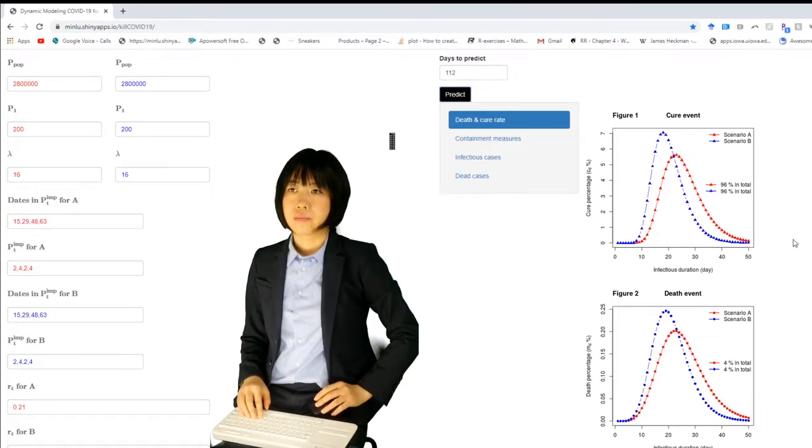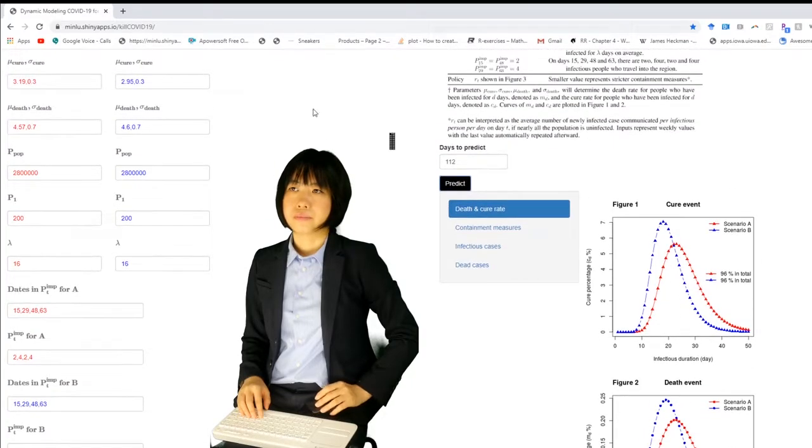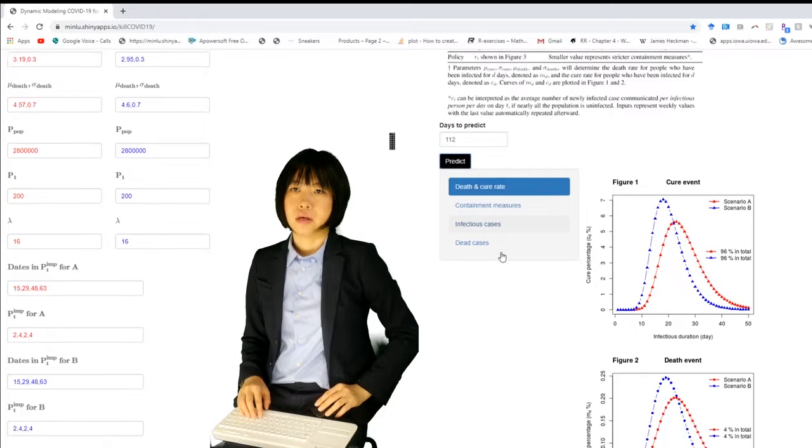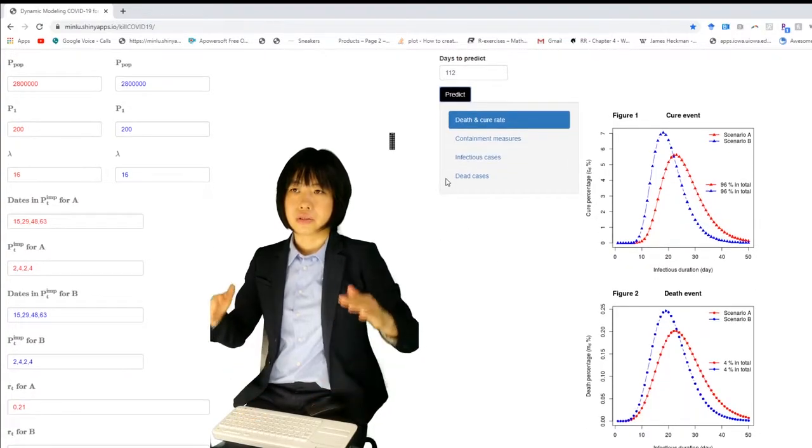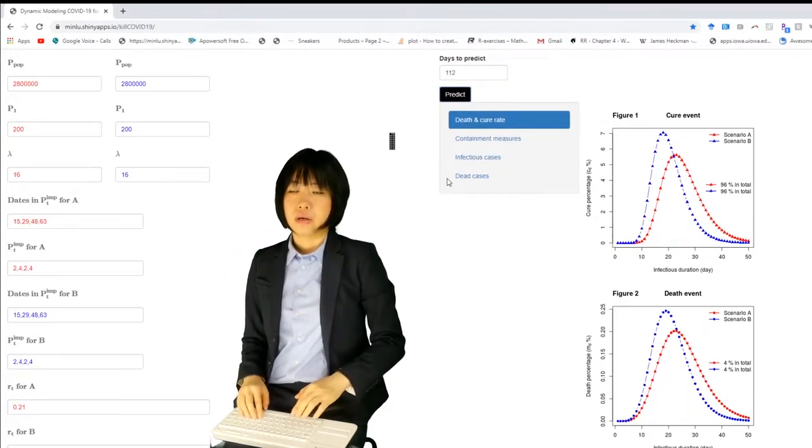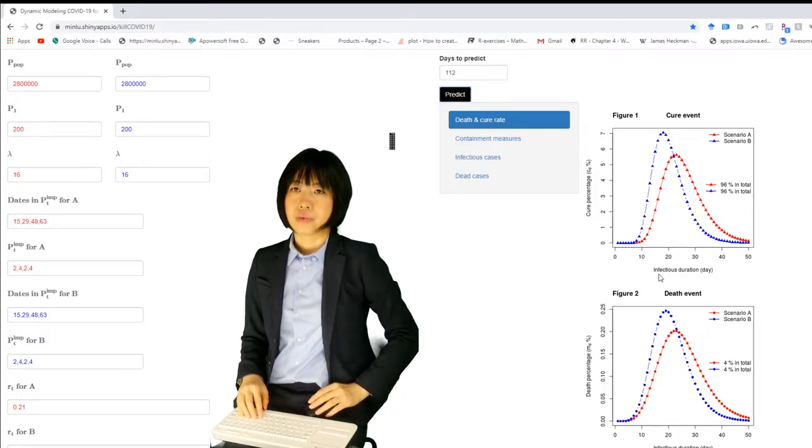4%. But you can see that the distribution of mortality rate and cure rate are still different because the other four parameters, mu cure, sigma cure, mu death, and sigma death, determine the shape of the mortality rate and cure rate, where you can say that in scenario B, patients tend to be cured or dead earlier.